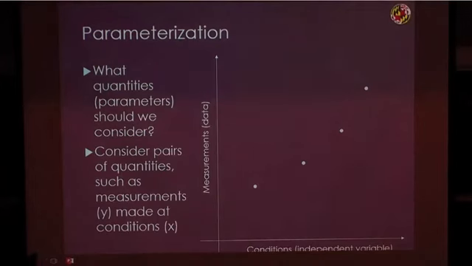Okay, so let's start with a very simple problem. Let's say that you have a friend who's a geochemist, or you yourself are a geochemist, or maybe a mineral physicist, and you go in a lab, and under some specified conditions, such as maybe temperature or pressure, here are the conditions. It's the independent variable. It's something that you set yourself.